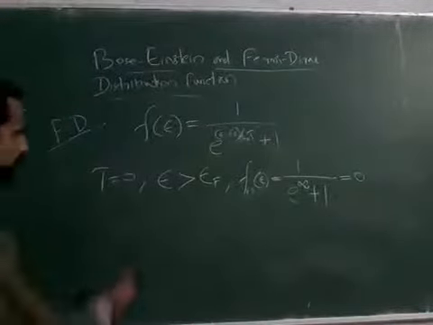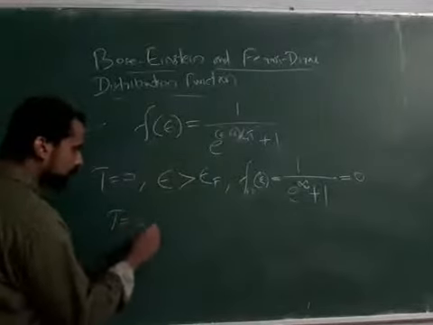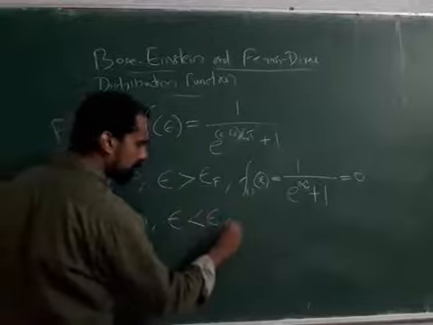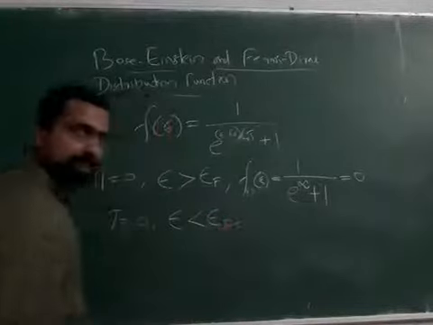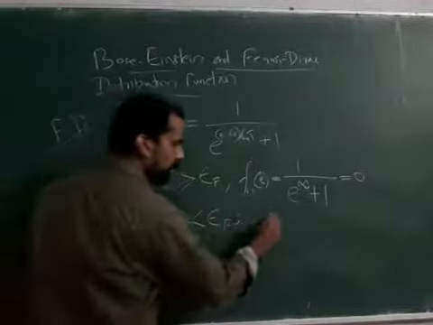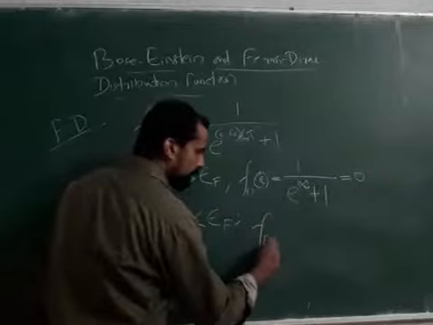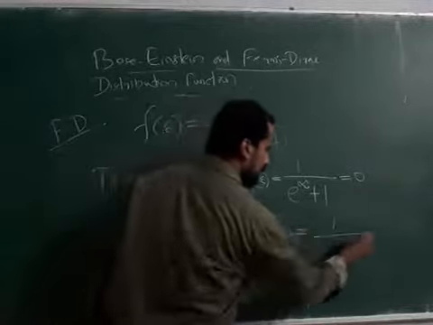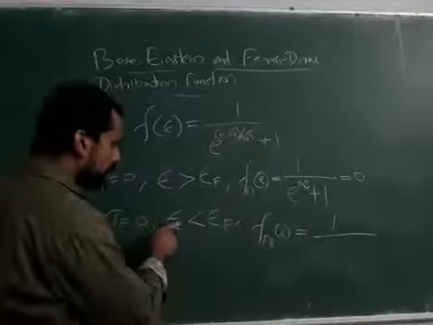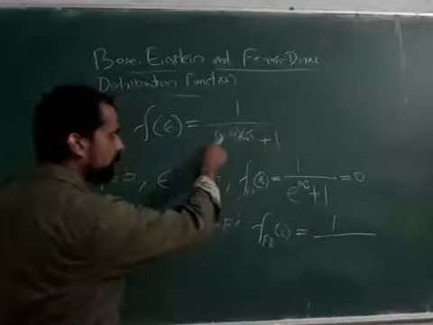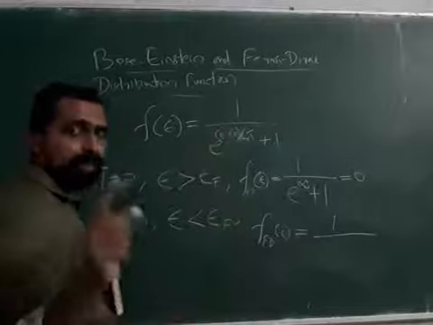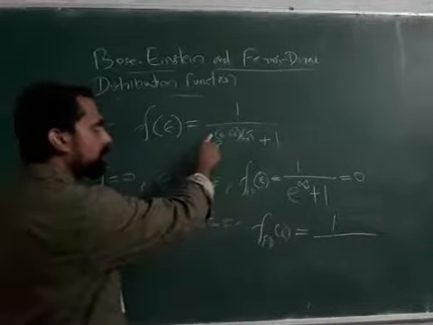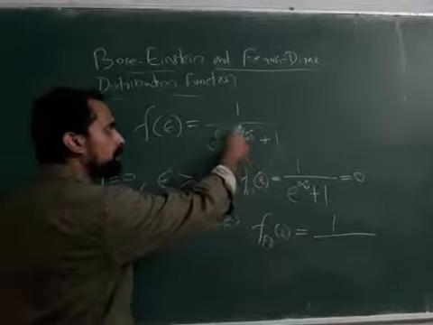And what about the other case? T equal to 0 and epsilon less than epsilon f. In this situation, f FD at epsilon: because epsilon is less than epsilon f, epsilon minus epsilon f gives a negative value, and 1 by T is 1 by 0, infinity.